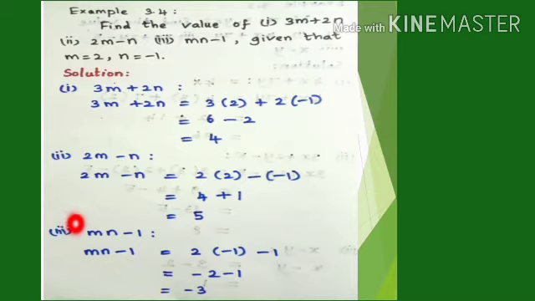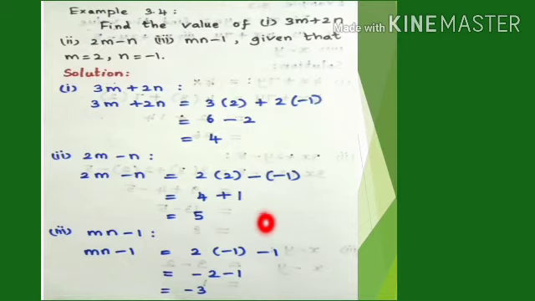The last expression, the algebraic expression, is given as mn minus 1. Now replace each variable by the given numerical value. m is equal to 2 and n is equal to minus 1. So mn is 2 into minus 1. Minus 1 is a constant. So 2 into minus 1: when we multiply two integers of different sign, the product will be negative.